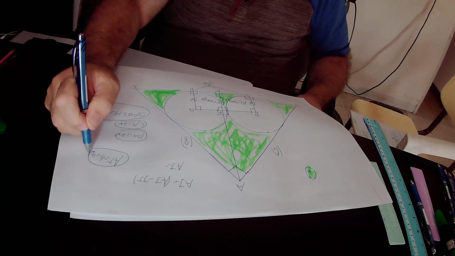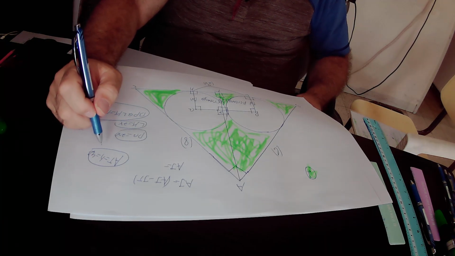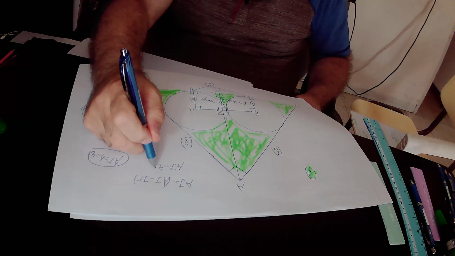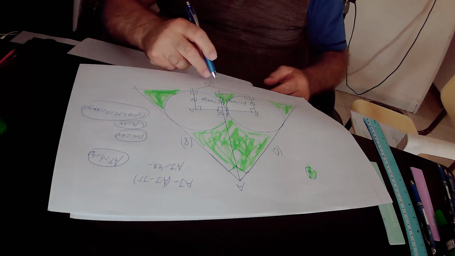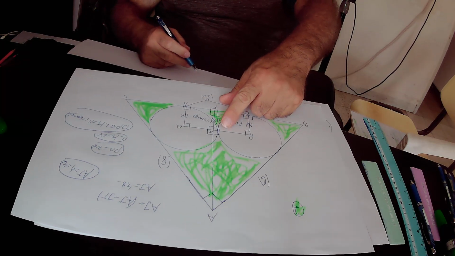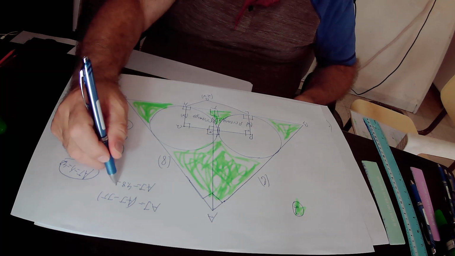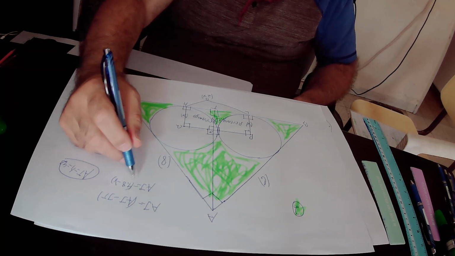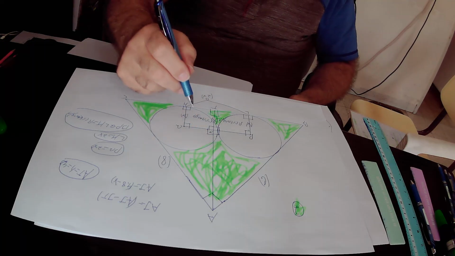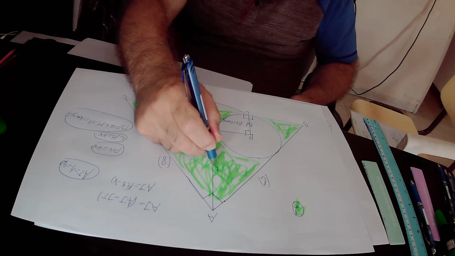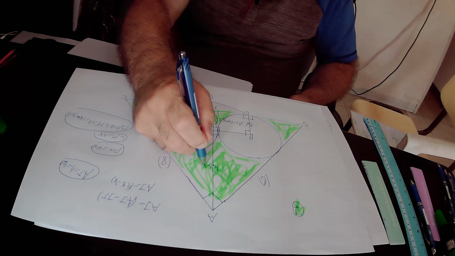So AJ equals 4.8 minus JT, and JT is x. So in total, we found out that AJ equals 4.8 minus x units in its length.